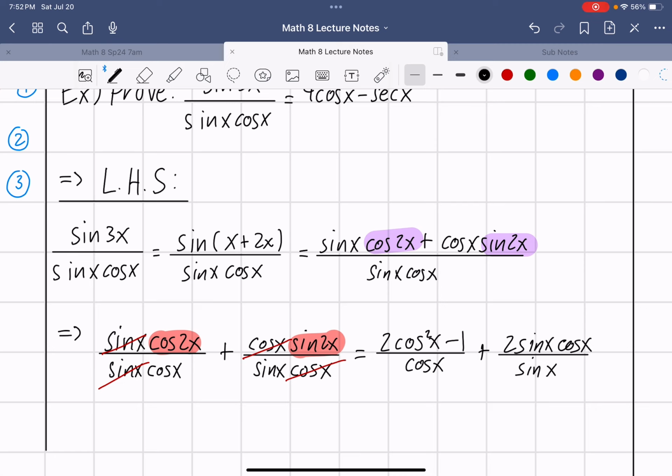And here, at least in the second term, we can simplify our sine of x. And here you might want to simplify cosine of x, but that minus doesn't allow you to do that.